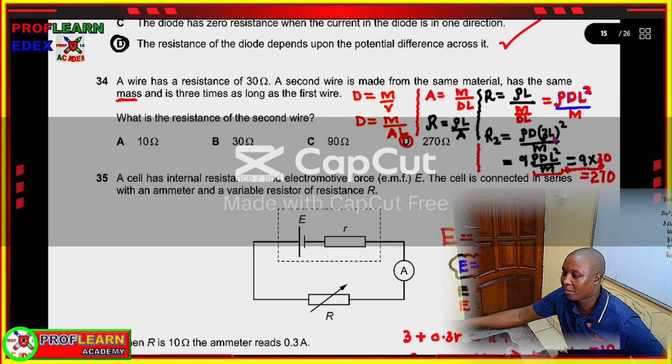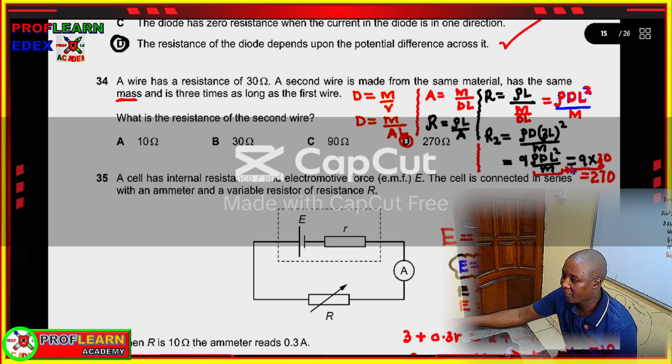If you raise it to the power 2, that becomes 9. So our equation for the second wire becomes 9 times resistivity times density times L squared over M.